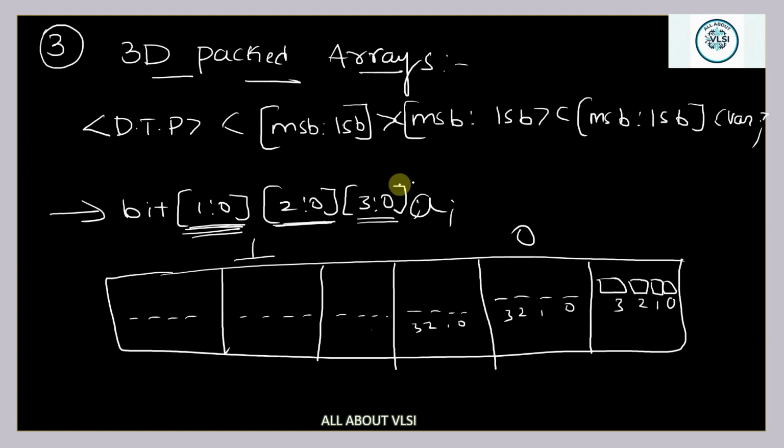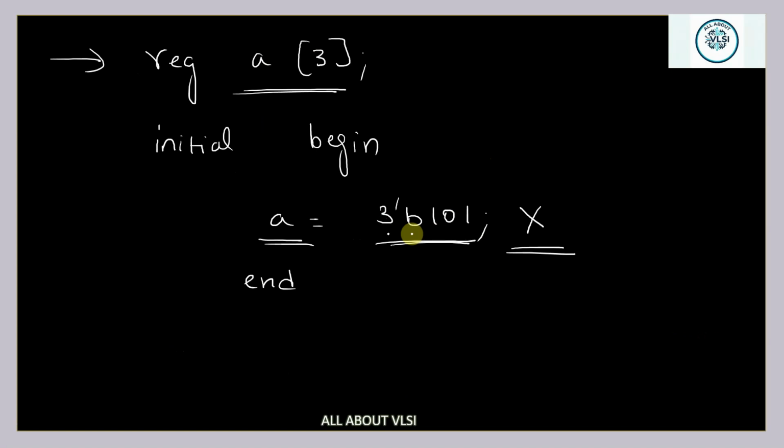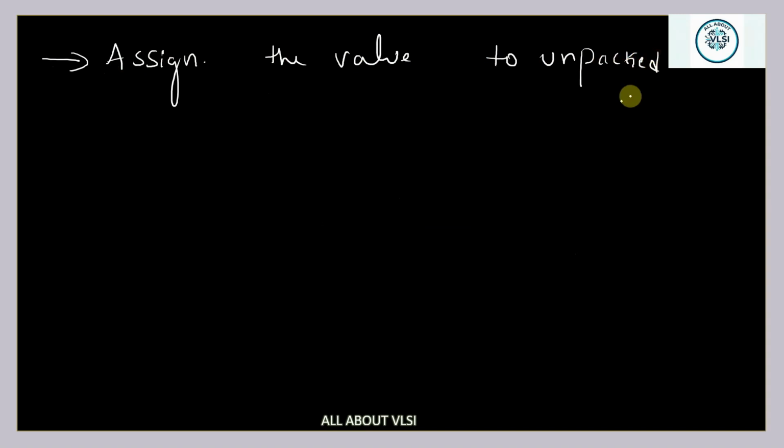Yesterday we have seen. But if we are declaring an unpacked array, you cannot directly assign the values to that unpacked array. Now, how to assign the values? For assigning the values to an unpacked array, we have different methods. The very first method is using the index.